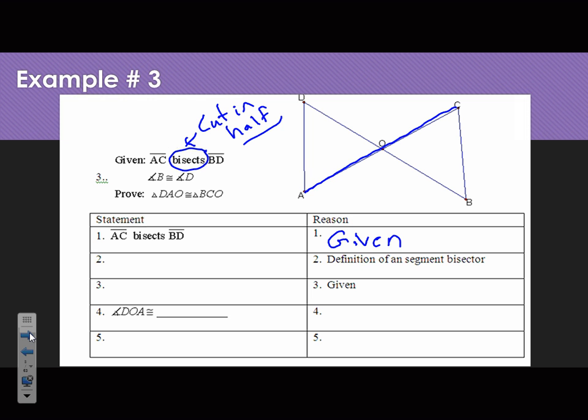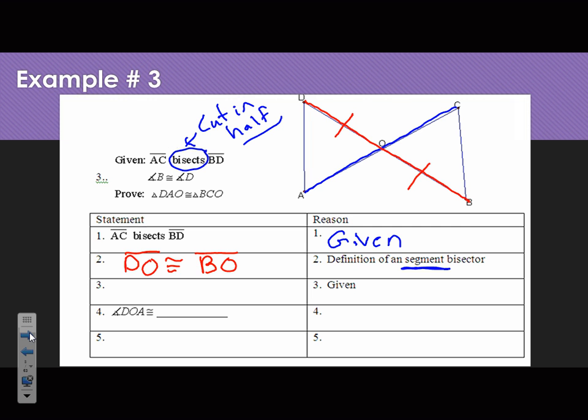Now the next statement and reason says definition of segment bisector. That's important because we're bisecting a segment. So when we cut DB in half, this one right here is going to be congruent to this. So our statement is going to be DO is congruent to BO.